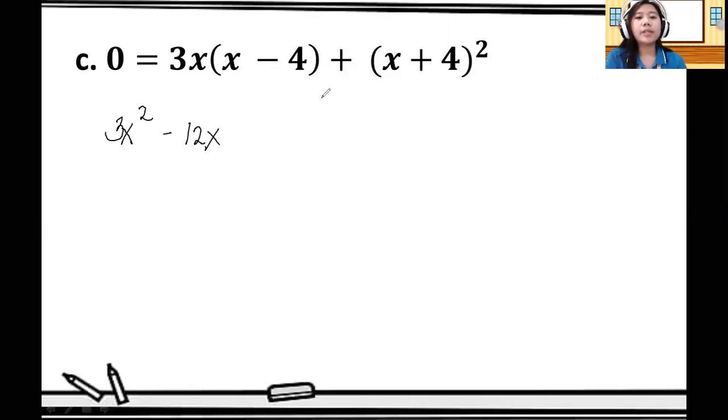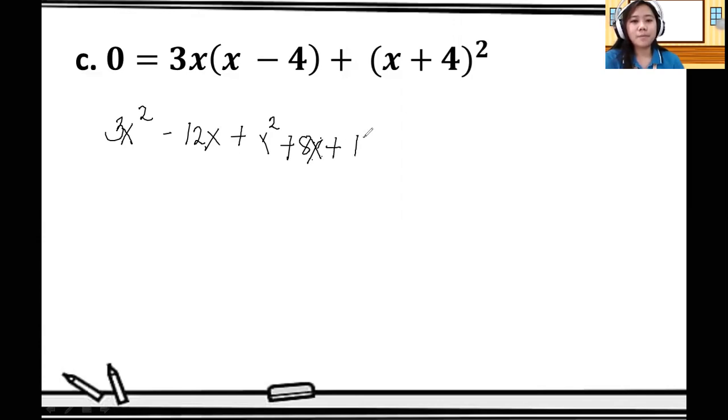Then, get the square of x plus 4. So we have x times x is x squared. Then 4 times 2 is 8 times x is 8x. Then what is the square of 4? So the square of 4 is 16.